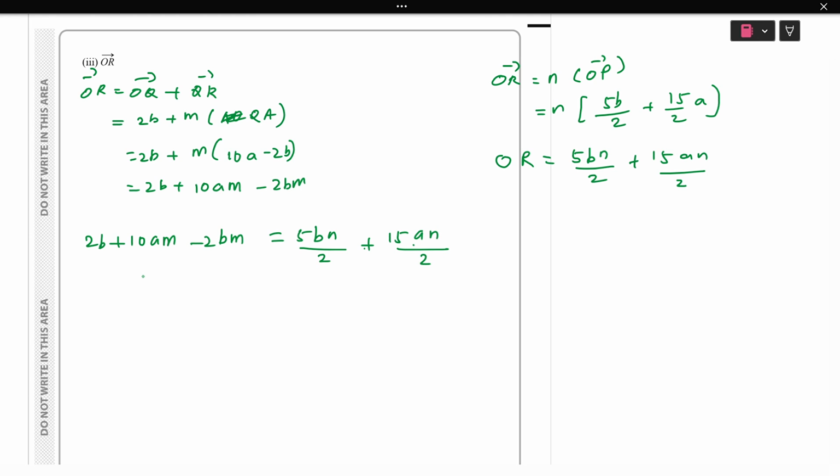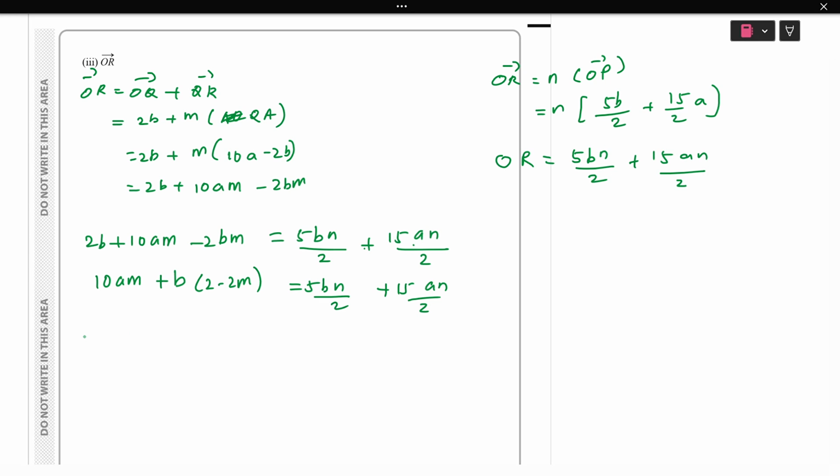Rearranging: 10am plus b into 2 minus 2m equal to the same 5bn by 2 plus 15an by 2. Now comparing both the terms, first the a terms.